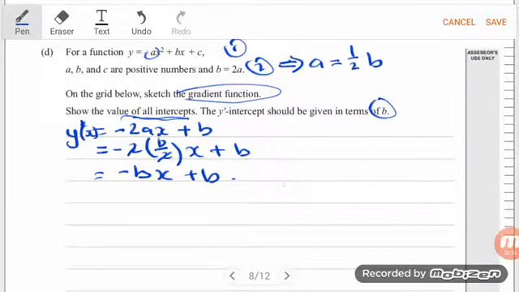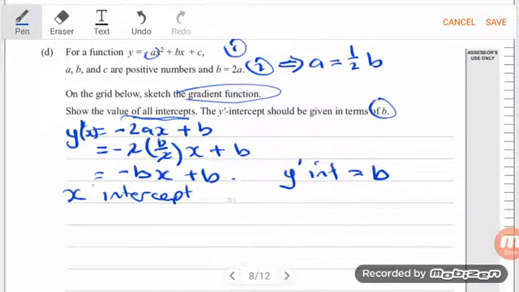The y-intercept is going to be this one over here, because when x is equal to 0, this cancels all of this out and leaves us with just b. X-intercept is a bit convoluted.